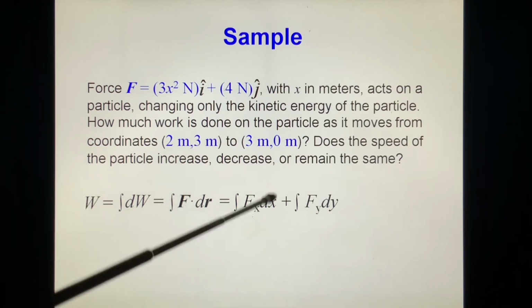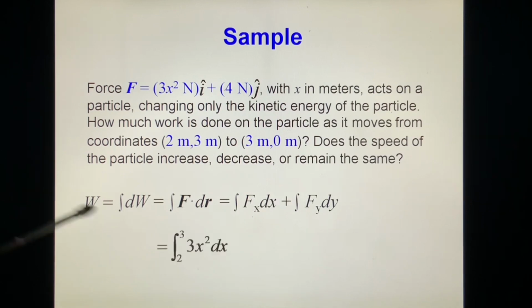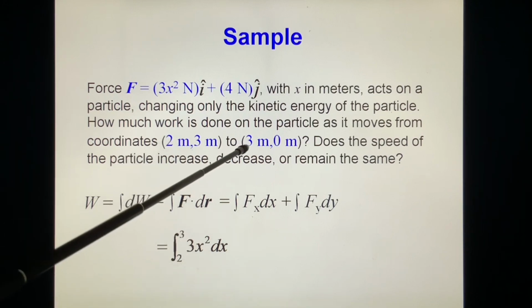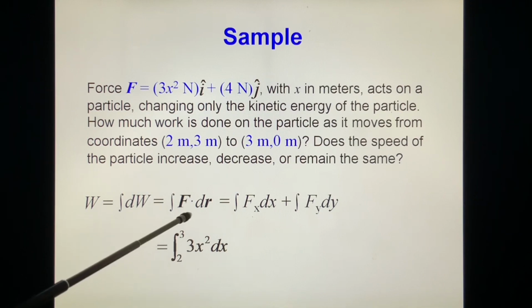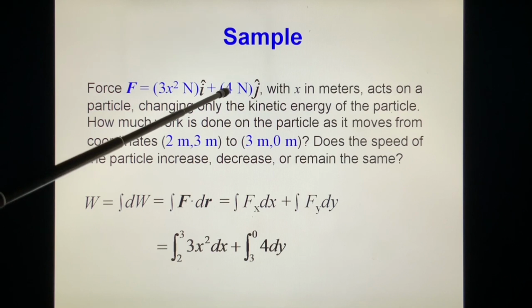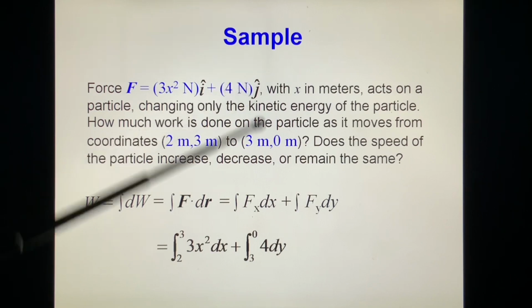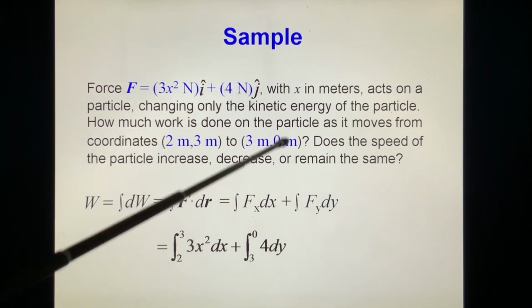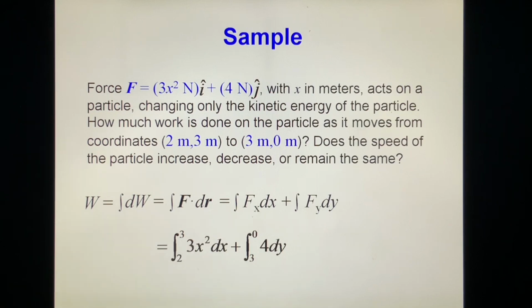Now we put the numbers inside. First, Fx equals 3x squared, and the limit is 2 to 3. For the second term, Fy equals constant 4, and the limit is from 3 to 0. Finally, we get 7.0.